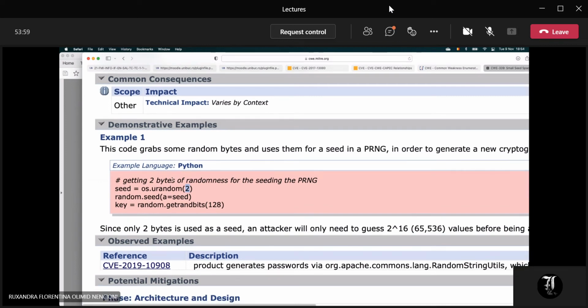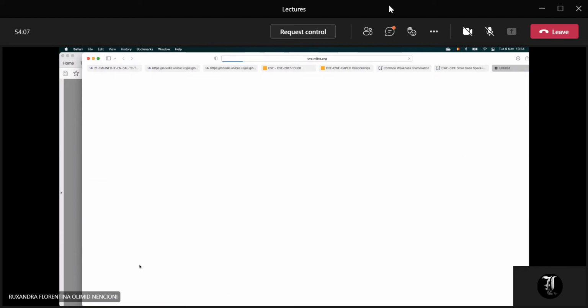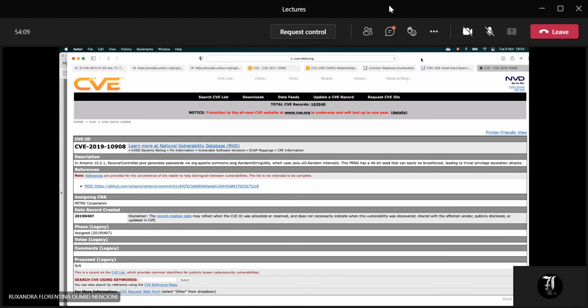And this is something that's general. So in general, I should not use too little randomness as we had before. And here is an example, okay? This specific product or this specific device or this specific library did that.